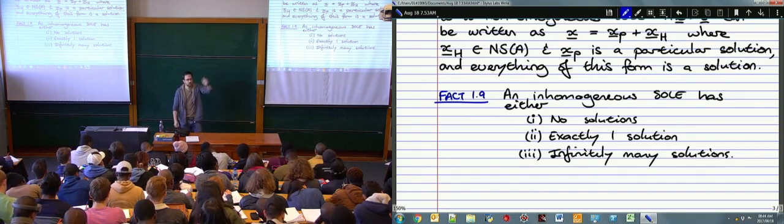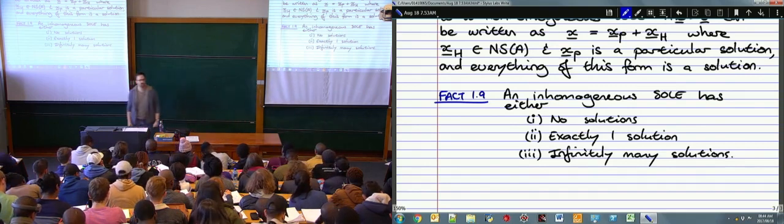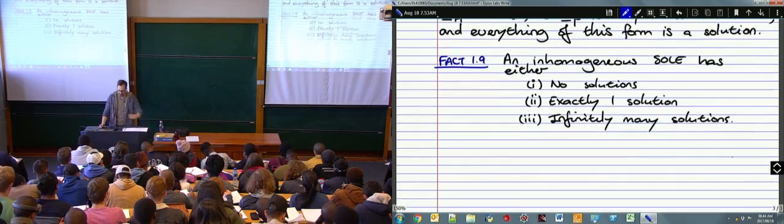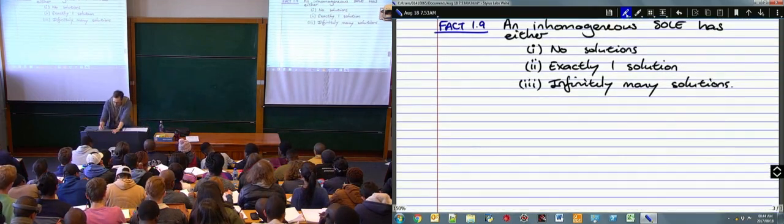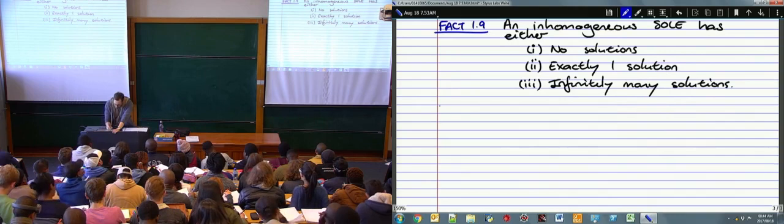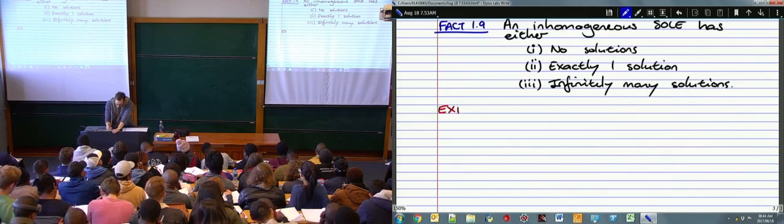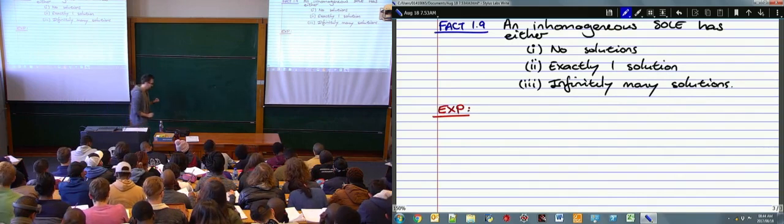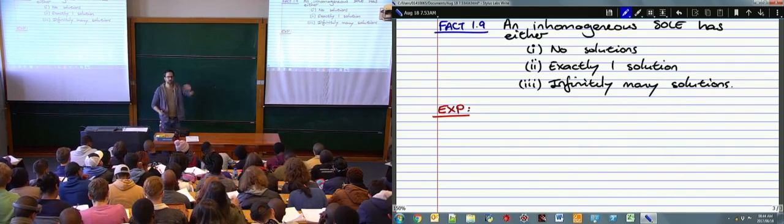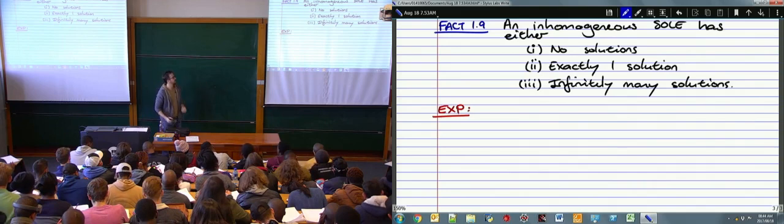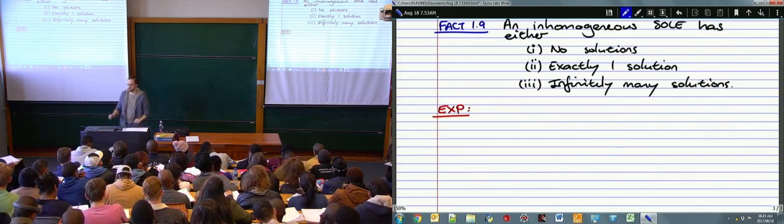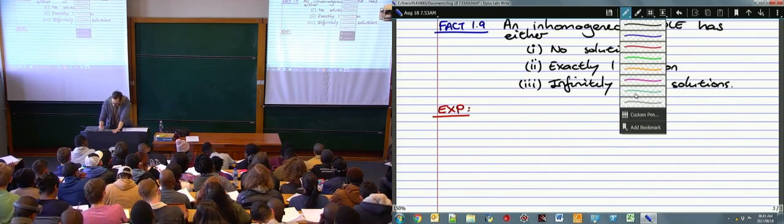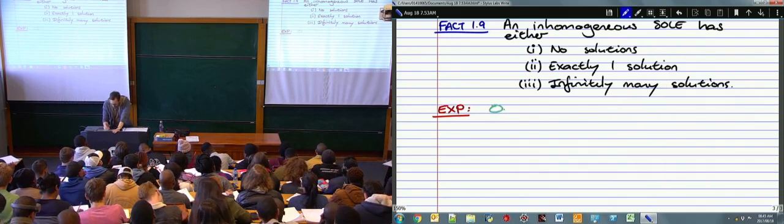I already sort of talked through the explanation earlier in response to a question, but let's write this down again. I maybe don't have time to write it down very neatly or in full, so I'm just going to give you the basic outline. If you want to, you can flesh it out yourself. Maybe take a look at the notes and see how it's done there. The basic outline is this.